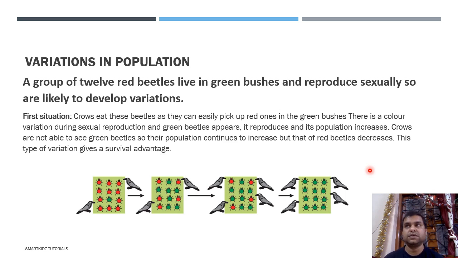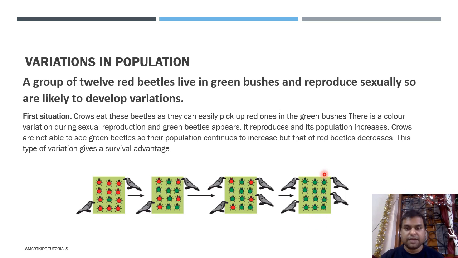Only the ones which are fit, or which have an ability to weather the storm, you can say, or which can survive against all odds, only that breed or that individual having those particular characteristics or traits is selected to reproduce and go further. Okay, and such individuals are considered to be stronger, and that's why those which are not strong are eliminated or get extinct, as we see over here.